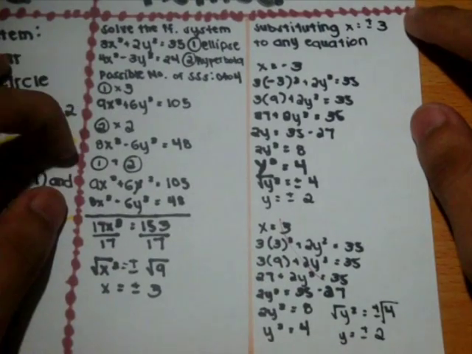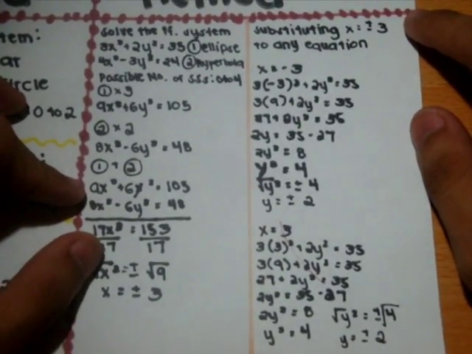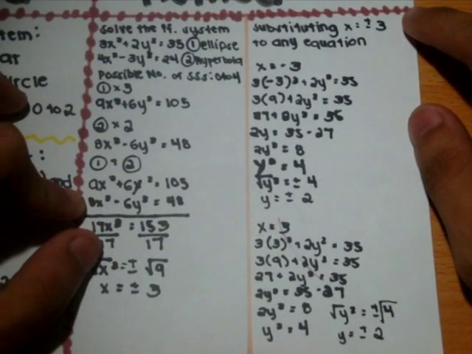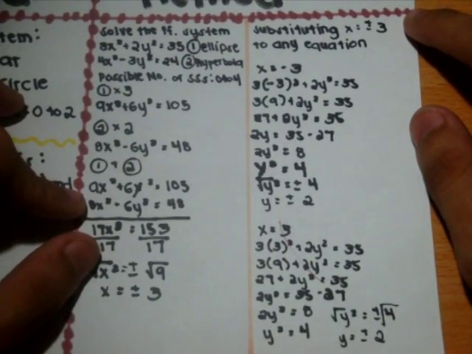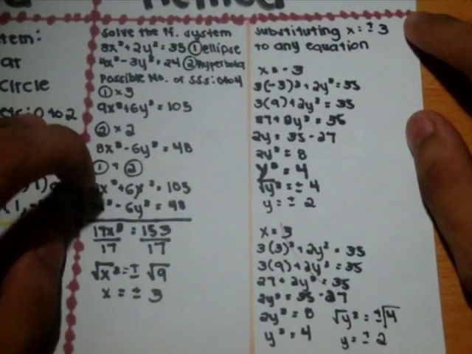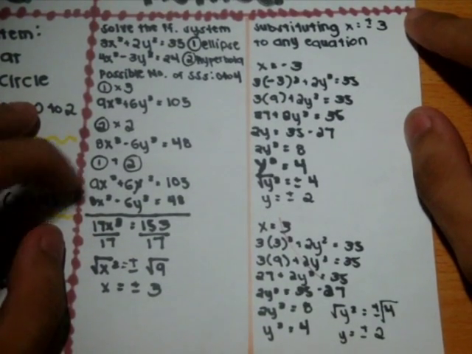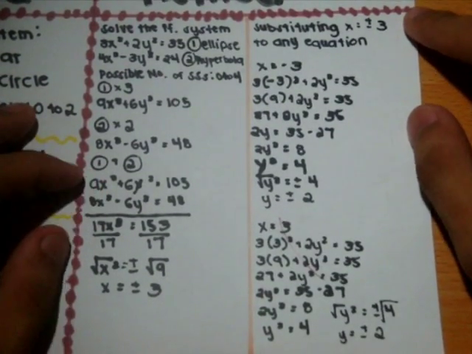Adding both equations, we will eliminate y squared because they both have 6 as their coefficient, and one is negative and the other one is positive.